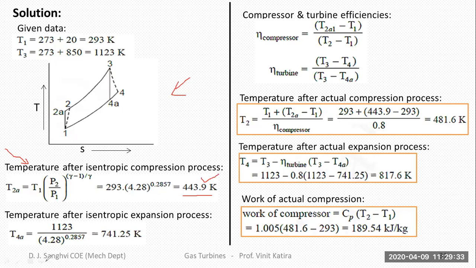Next we can find the temperature after the isentropic expansion, that is T4A, because T3 is already given in the question. So it is a simple calculation. You should be getting around 741 Kelvin.